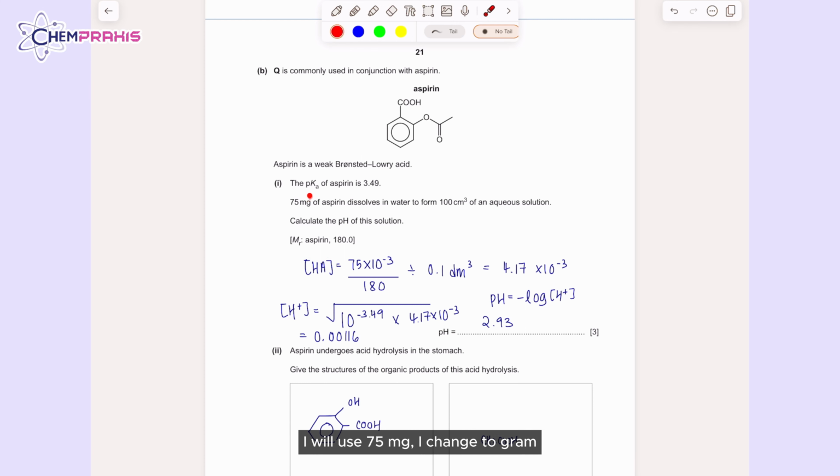I use 75 milligrams, change to grams, divide by the Mr, then divide by the volume in order to find the concentration. After I find the concentration, I use this formula: H+ ion concentration equals the square root of Ka times the concentration of the weak acid. This is the concentration of H+ ion, and in order to find pH, we take the negative log of this answer and we get this.